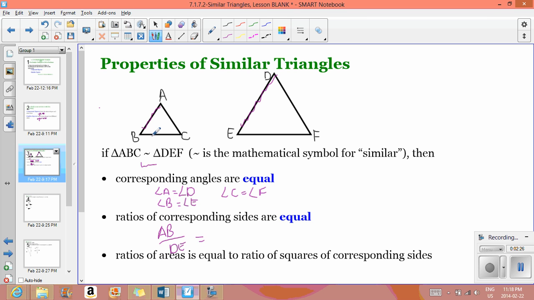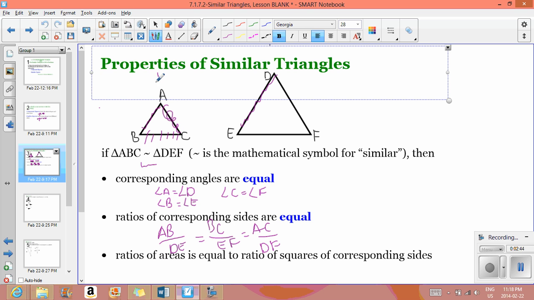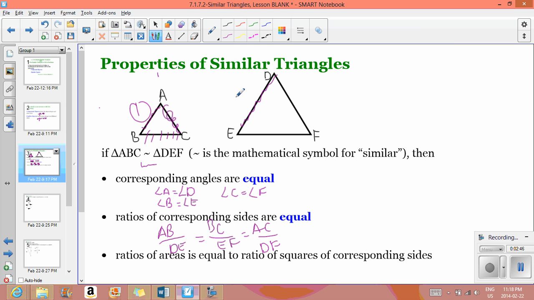This would equal, if we were to compare now this side, BC compared to EF. And the last side, we can say that AC is compared to DF. And so notice that each time we had the first triangle as the numerator, and we had the second triangle as the denominator.